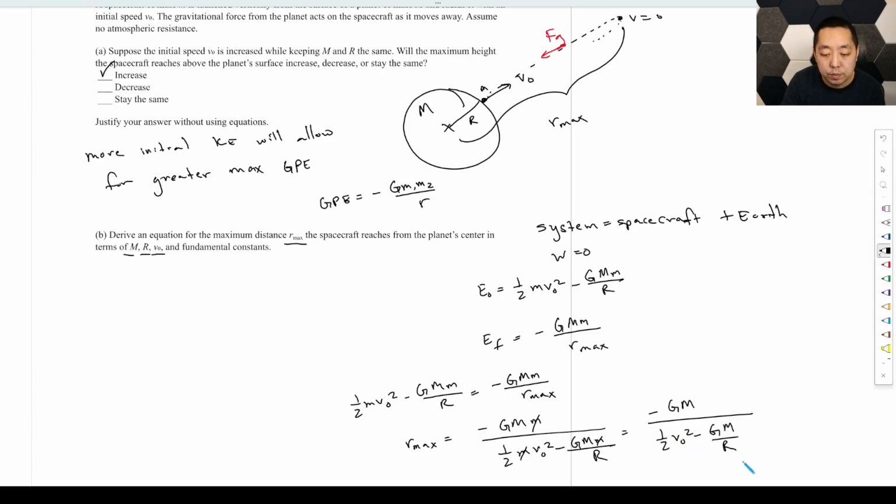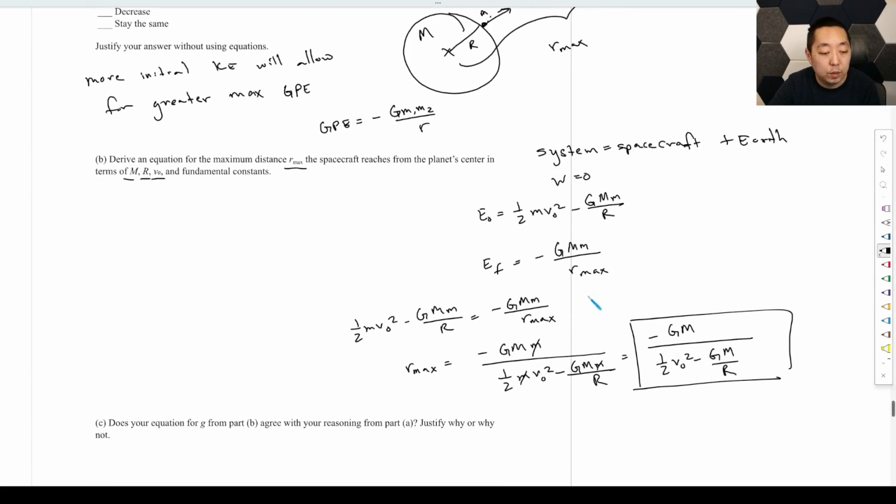Now, you might think, should this be a negative number? Well, there's a negative sign, so the numerator is definitely negative. It turns out the denominator is also negative, because this guy will be bigger than this quantity here, in all likelihood, as long as it has some velocity to leave. But yes, that would be true.